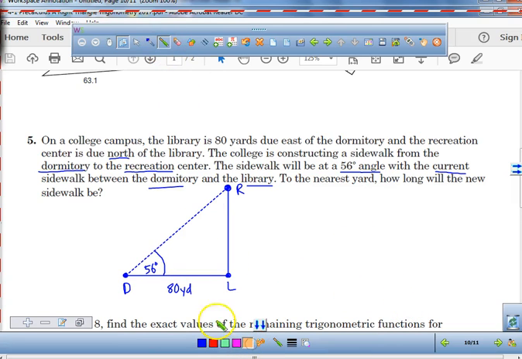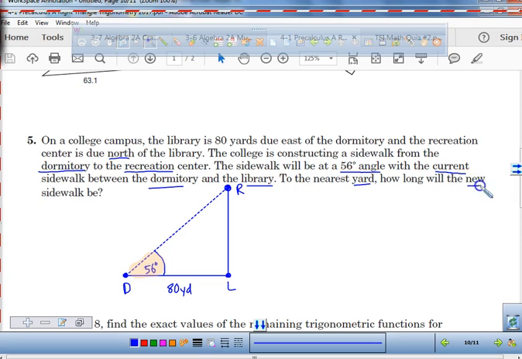I found my reference angle. This is where I'm going from. Now it says, to the nearest yard, how long will the new sidewalk be? It looks like I am looking for the hypotenuse of this right triangle. And there it is, all set up.